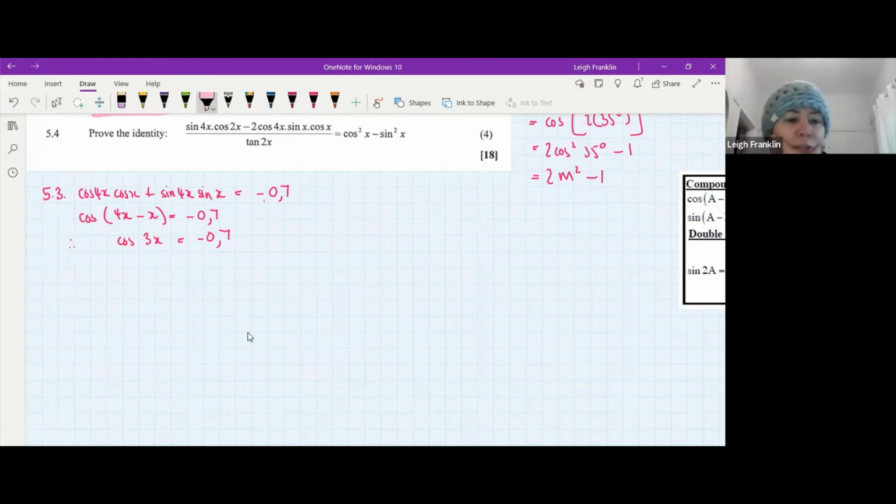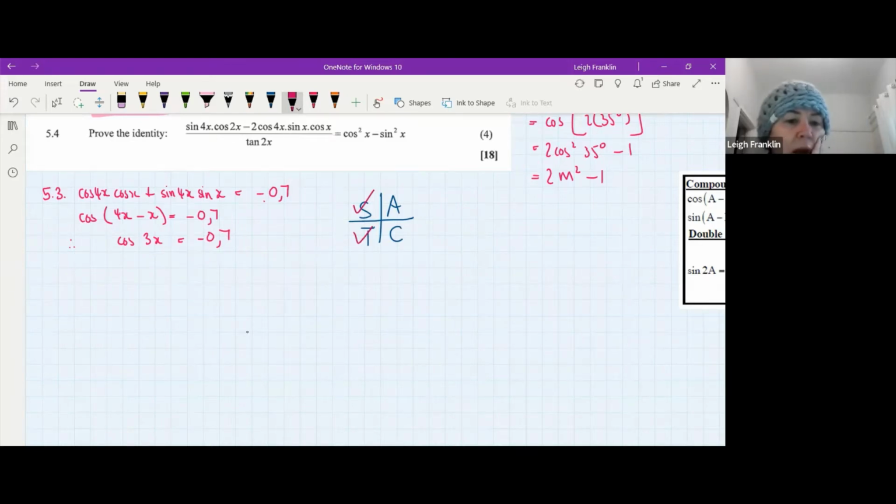The first thing we need to note is that cos 3x is negative. In our CAST diagram, there are two quadrants where cos is negative: quadrant 2 and quadrant 3. Those are the two quadrants we would work in.